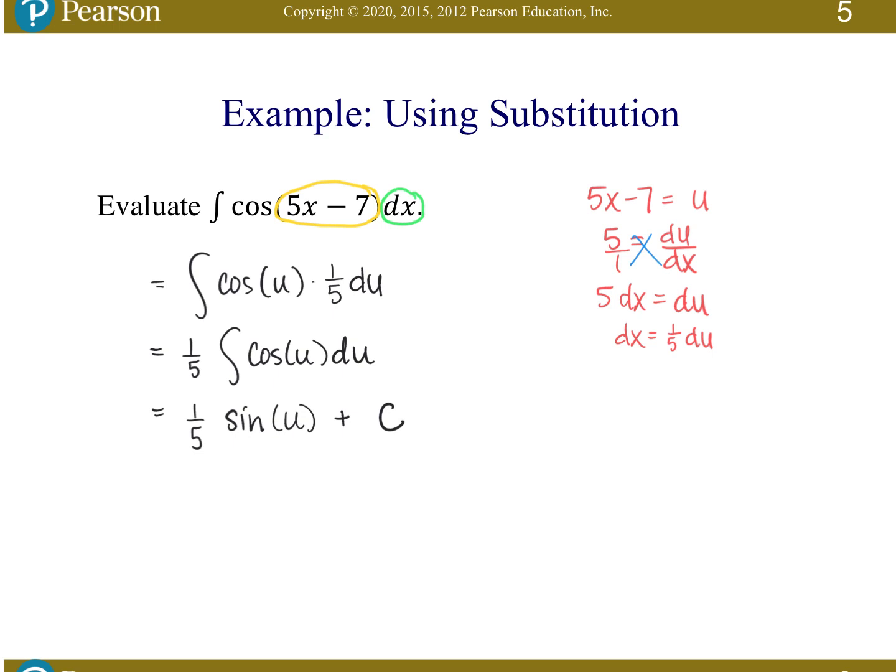The derivative of cosine is negative sine, the antiderivative is positive sine, yep. And then the final step is to change the u back to the thing that it was representing in the first place. So we change it back to 5x minus 7 plus c, and I have my antiderivative.